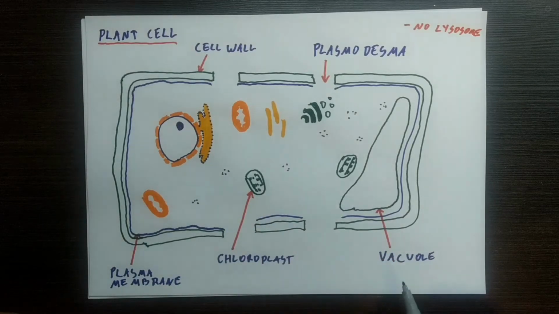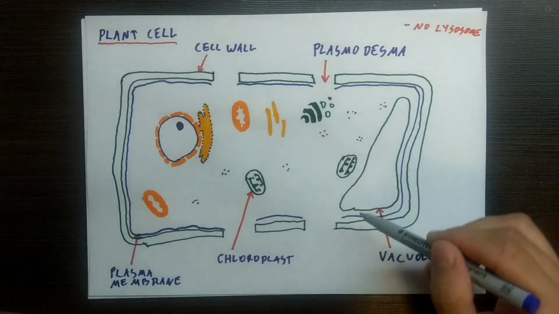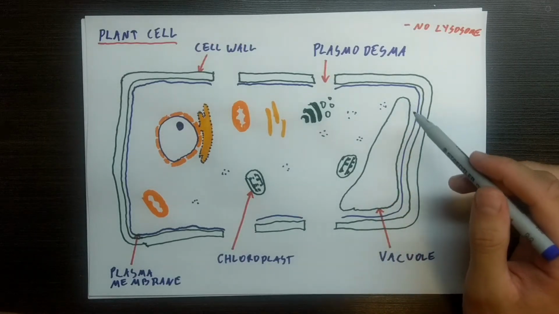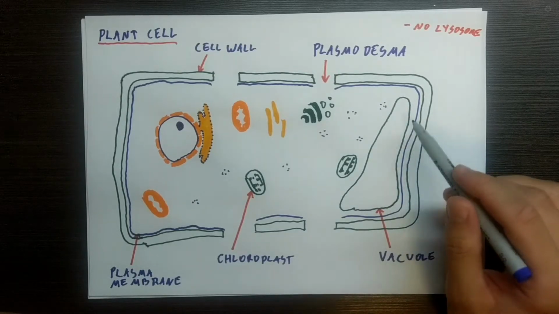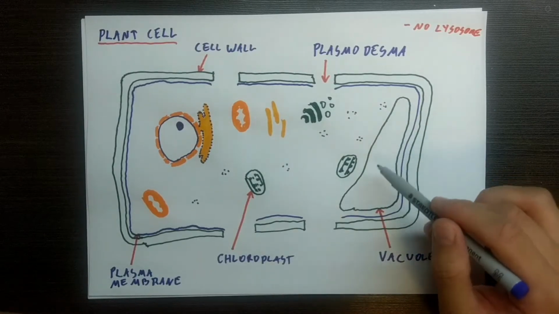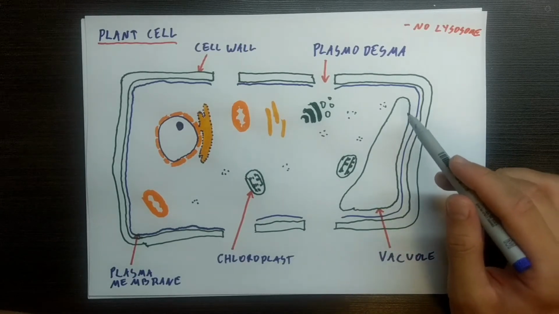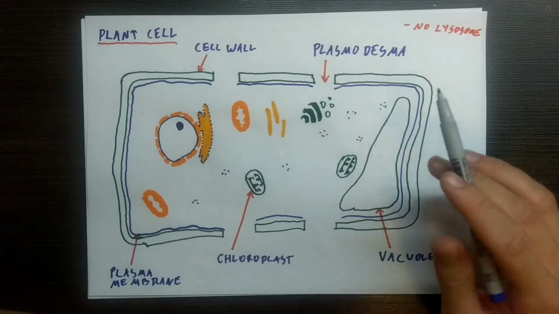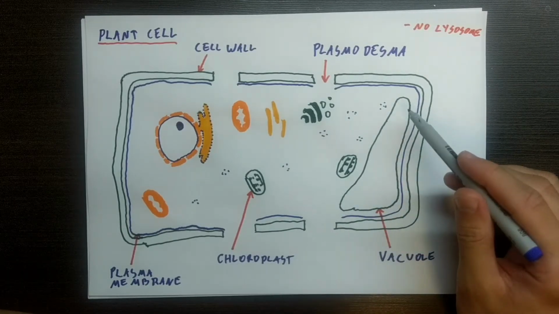Okay, and the final one here we have is the vacuole. The vacuole is this big empty space that contains cell sap. It can be used for storing various nutrients, but really it's not used much for that; it's mostly used for maintaining rigidity of the cell.